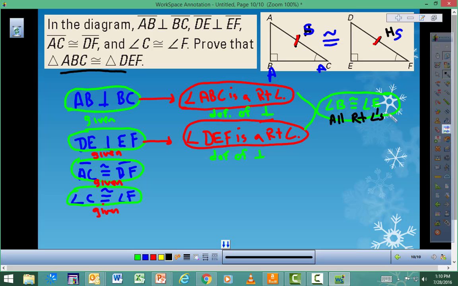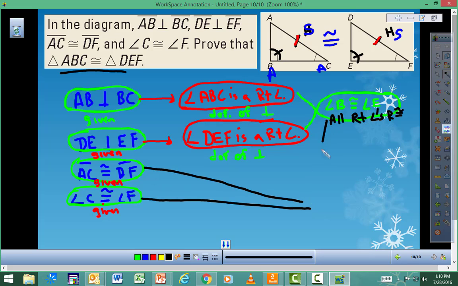So what I have now is that this angle is congruent to this angle. Now, this angle was given to us, it's congruent. So what I want to do now is use this side here, this information, and that information, all three of these pieces of information, to give me that the two triangles are congruent.